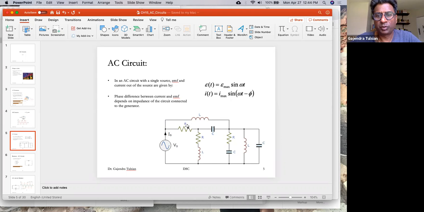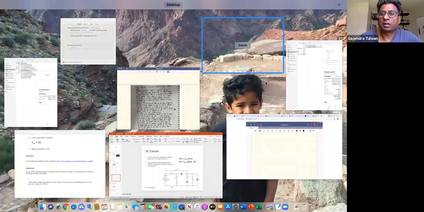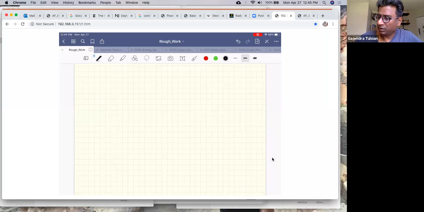If you connect a pure inductor to the circuit, this would be pi by 2, 90 degrees. And if you connect a pure capacitor, this would be minus 90 degrees.